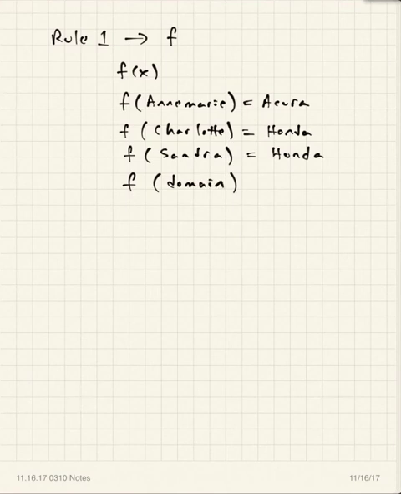It might be x if x is representing the domain, but whatever the domain is, that goes inside those parentheses. And then the answer is the range value. A lot of times you'll see it written that f of x is equal to y, right? Because we're going to use x to represent domain values and y to represent range values. And f is simply the name for the function, and the function, remember, is a rule, so it's the name of the rule, and it's saying, what does this rule do with this domain value?